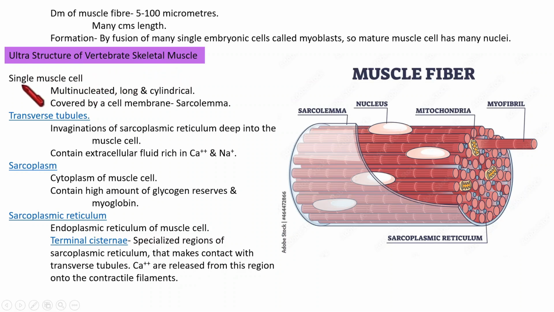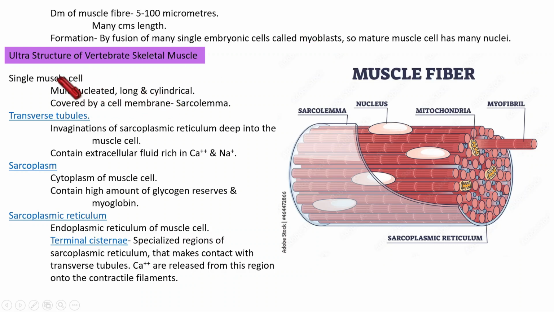If you take a single muscle cell that forms the muscle tissue, that muscle cell is multinucleated. We have already seen that it is formed by the fusion of many myoblast cells in the embryo. So that is why it is multinucleated, long and cylindrical.